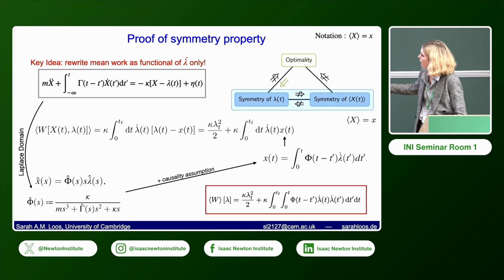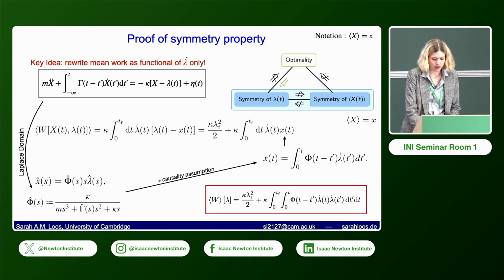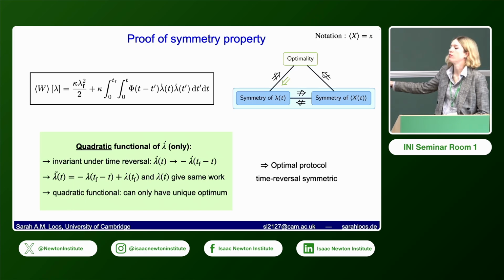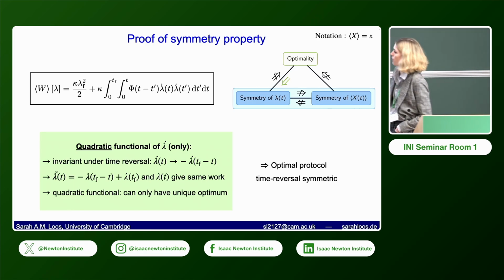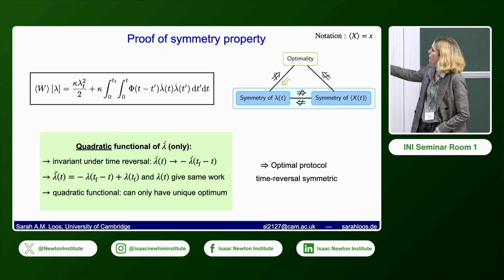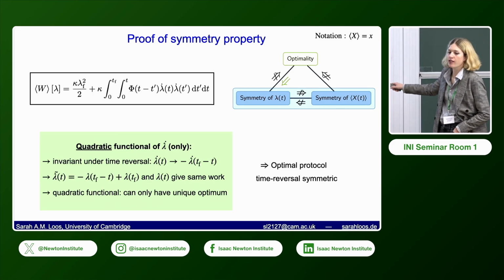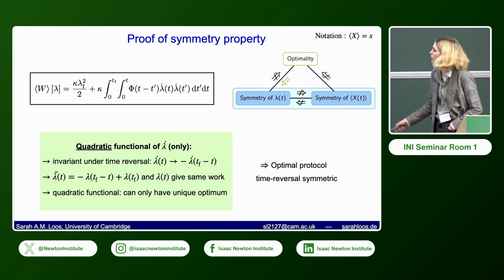Then you can plug it in, and you find that the work can be written as a functional of the protocol only. And it turns out that this functional is a quadratic functional only of the derivative of the protocol. And because it is quadratic, that immediately tells you that if you reverse the protocol, this would give you the same amount of work.